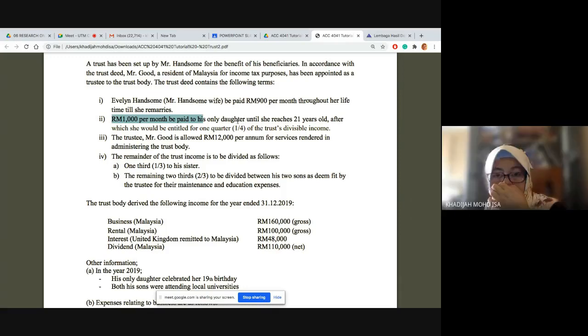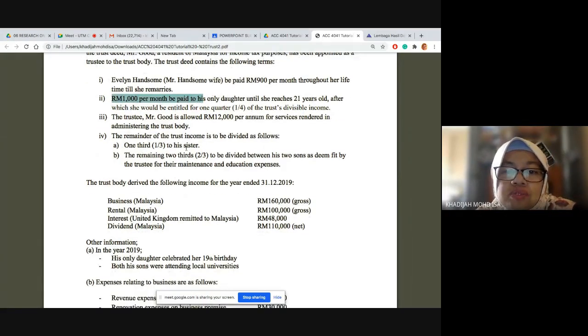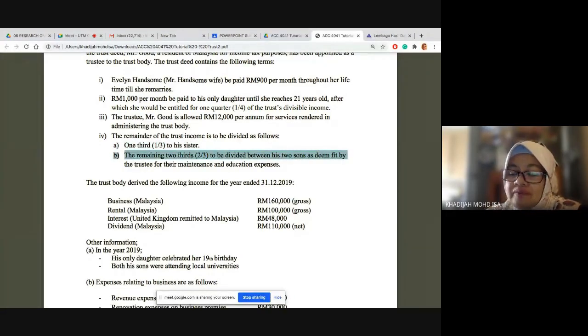Yes, doctor. And then you divide 1/3 to the sister and the remaining as deemed fit. So the 1/3 is non-discretionary because it says 1/3 to the sister. But the balance 2/3 is discretionary, to be divided between two sons as deemed fit by the trustee.